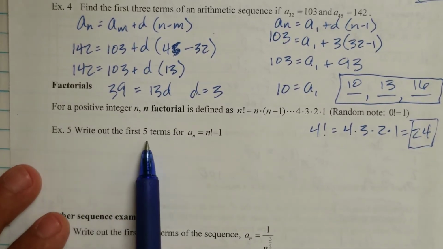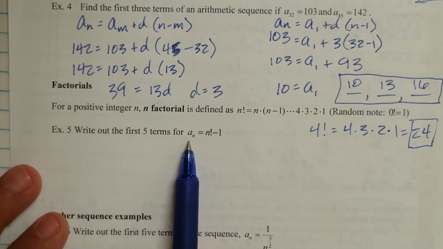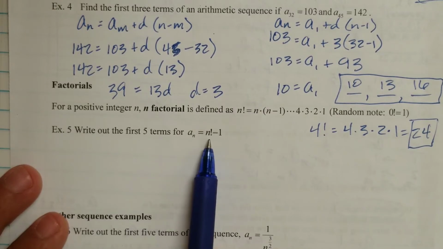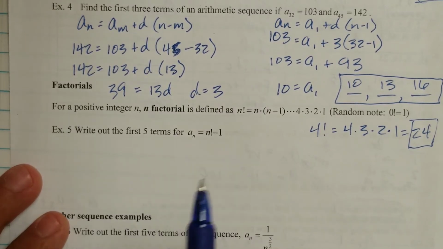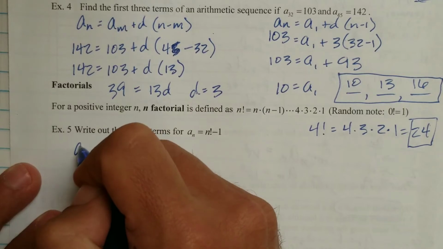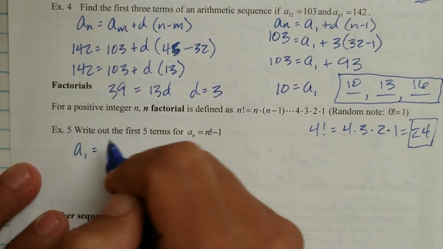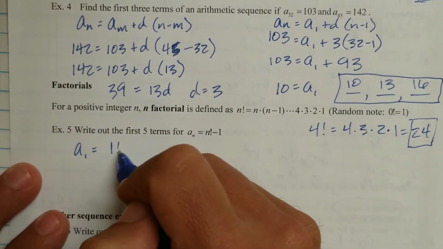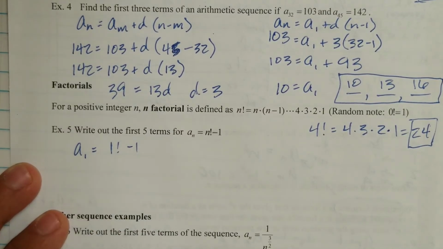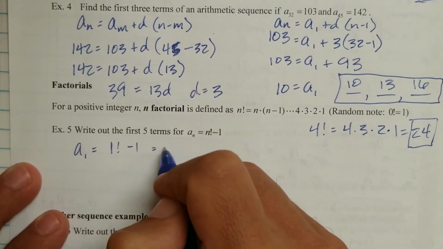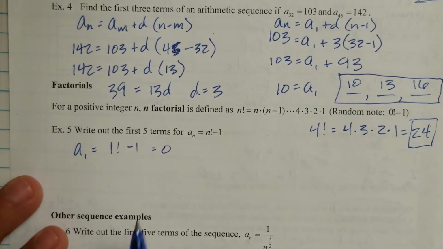Write out the first 5 terms for the nth term equal to n factorial minus 1. So the first term would be 1 factorial minus 1. 1 factorial is 1, so that gives 0.